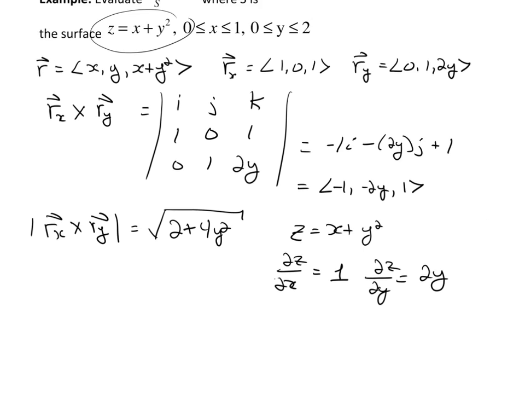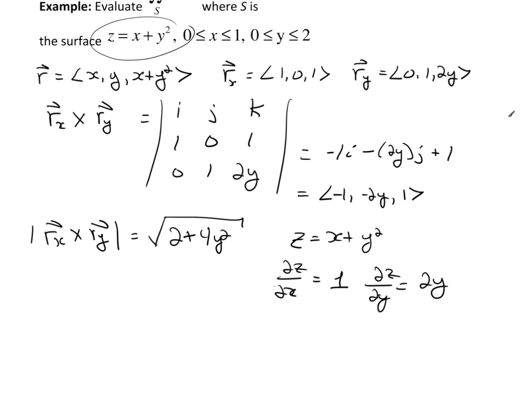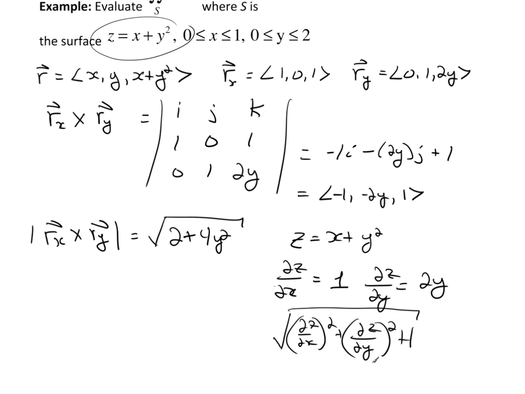And we showed earlier that the component that I need is simply equal to the square root of the partial of z with respect to x squared plus the partial of z with respect to y squared plus 1. So when I do that, I will have this. That's exactly what we're going to end up with.